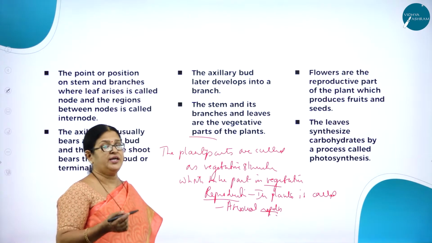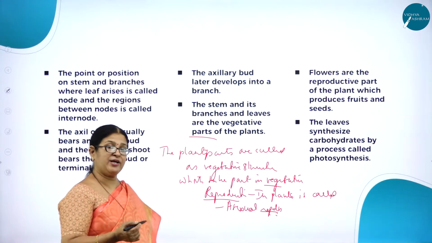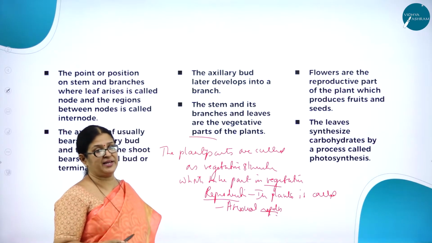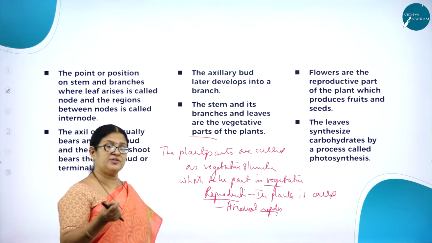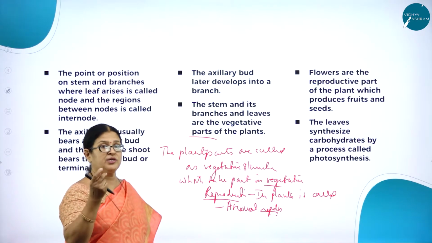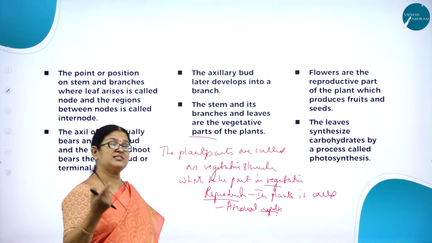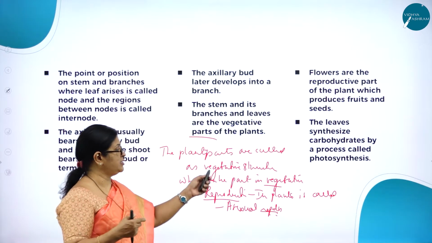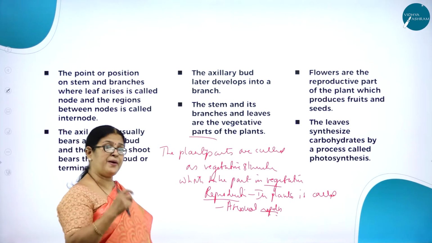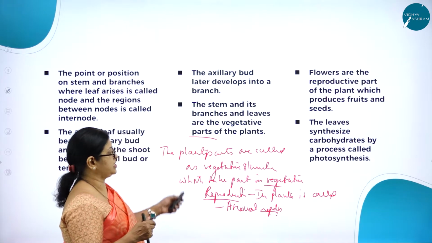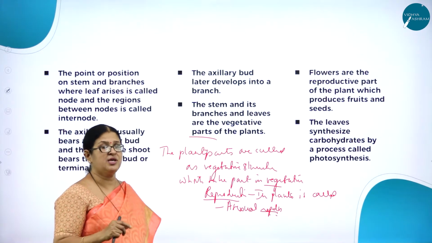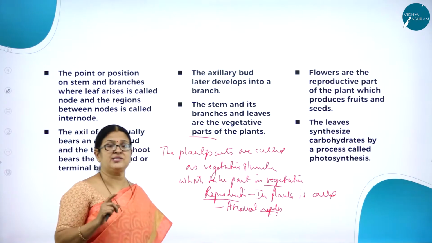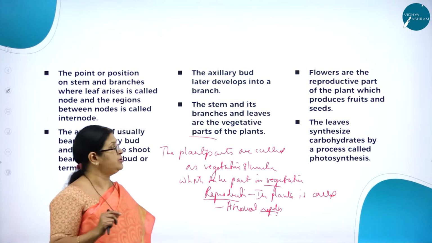For offset, in case of eichhornia, sucker in case of chrysanthemum, eye of a potato. You might have seen a sprout on a potato. So that is called as eye. So that will also take part in the process of reproduction. So the plant parts also will take part in reproduction, and such parts are called as vegetative parts or vegetative structures, which are going to take part in an asexual kind of reproduction called vegetative reproduction.